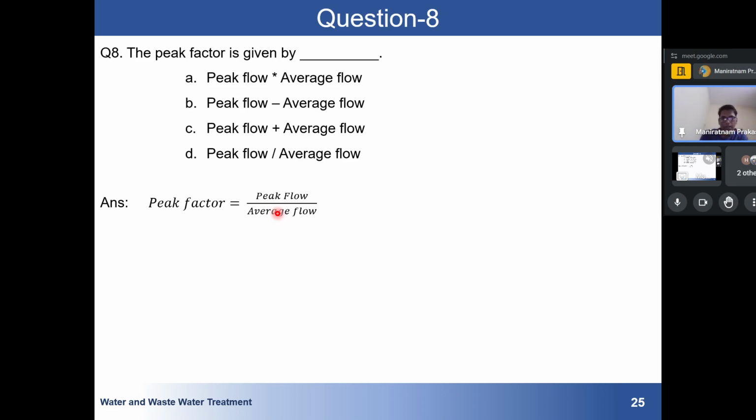I haven't considered it because this is a very common thing. If you are not aware, I will request you to go through some standard books. You will get the major things about this. But the main concept is that the peak factor is given by peak flow divided by average flow.